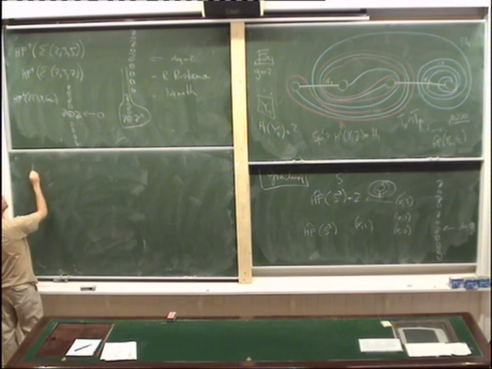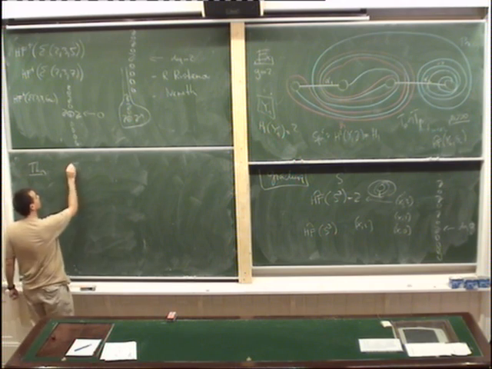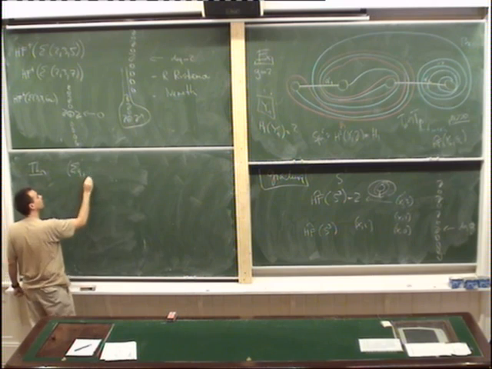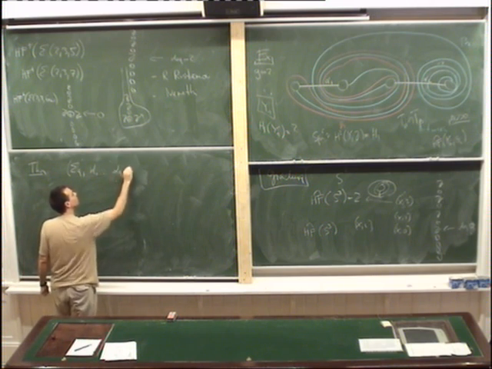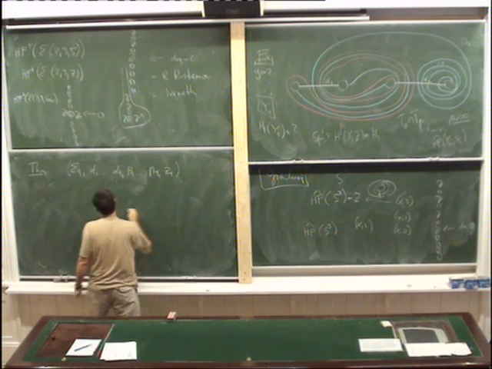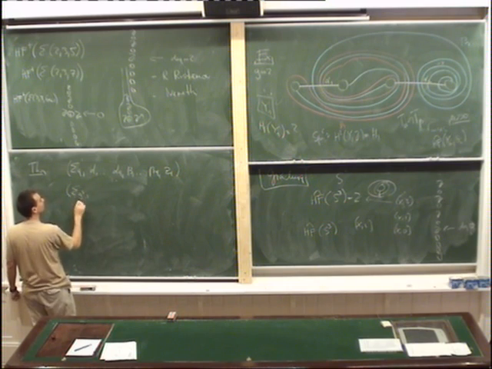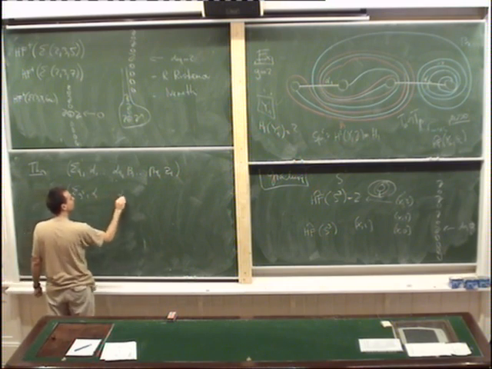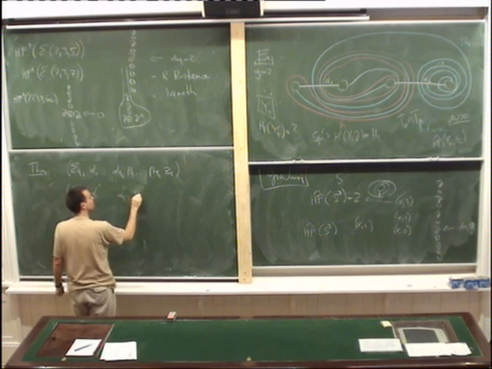So this would be a theorem which says that if I have 2 different Heegaard diagrams, like alpha 1 to alpha g, beta 1 to beta g, and a base point z1, and I get another Heegaard diagram, everywhere I write primes, right?